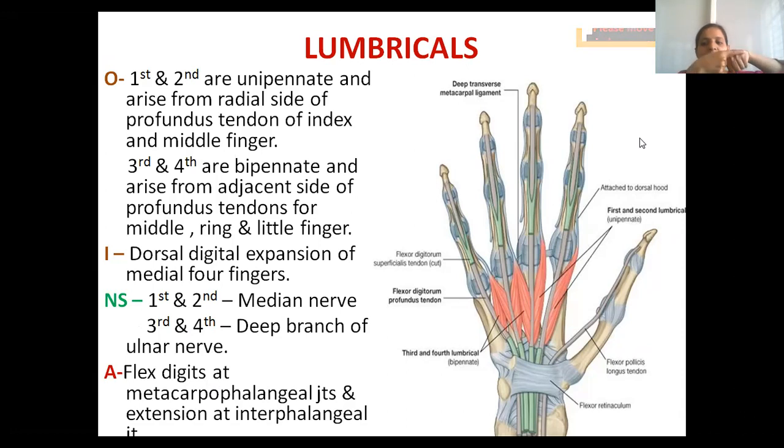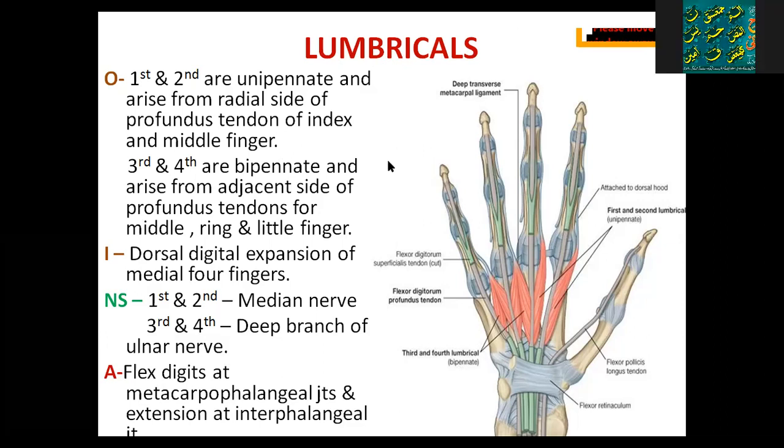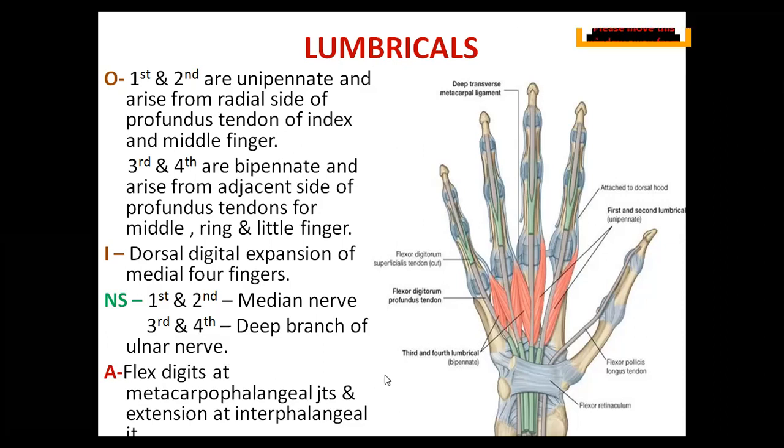So flexion of the metacarpophalangeal joint and extension of the interphalangeal joint. This is extension. If it is straight, it is extension. So flexion of the metacarpophalangeal joint and extension of the interphalangeal joints is brought about by the action of lumbricals. Okay, that is.